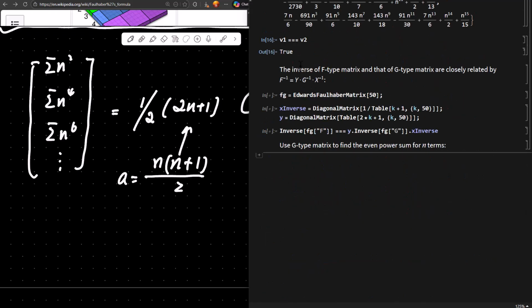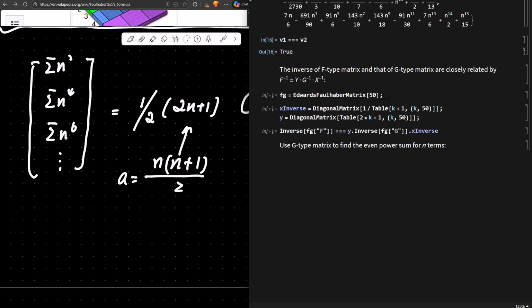In the last step, there is also a very nice identity to relate f and g. So it's f inverse equals y times g inverse times x inverse. And x and y are defined below.